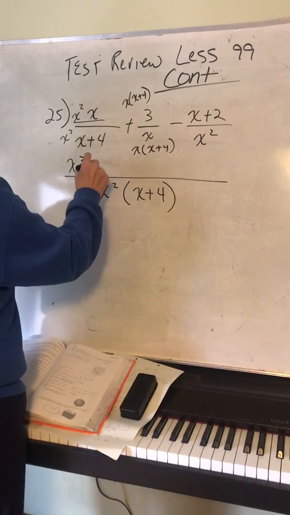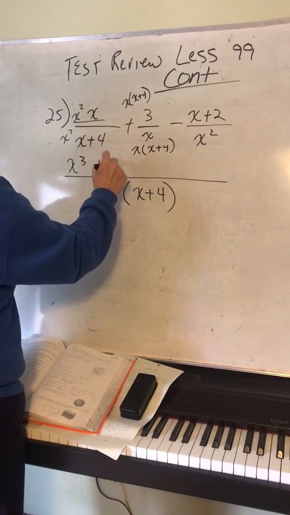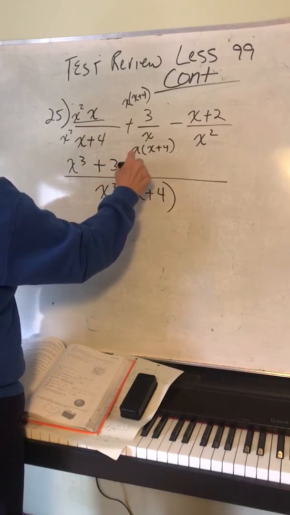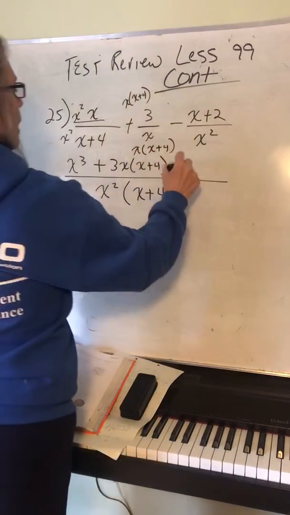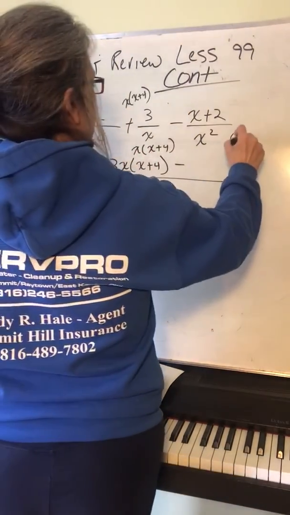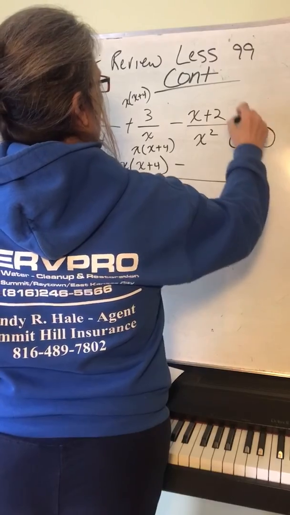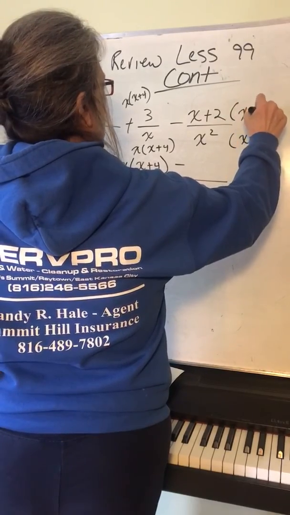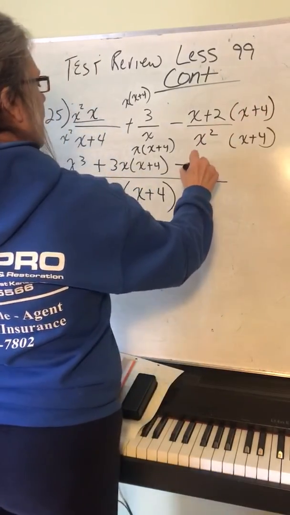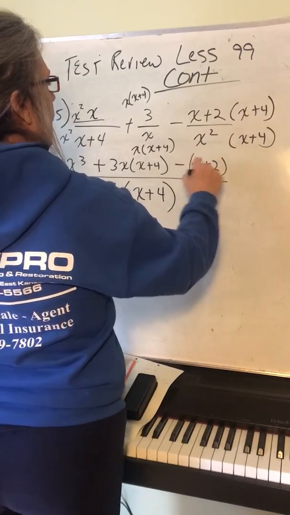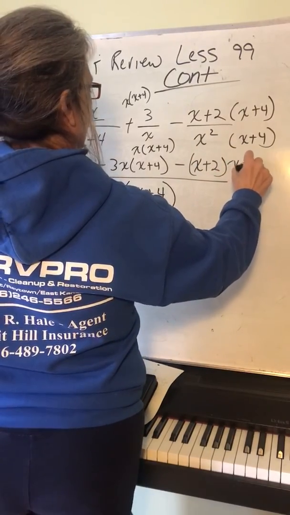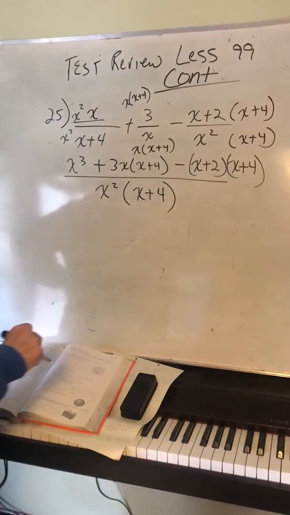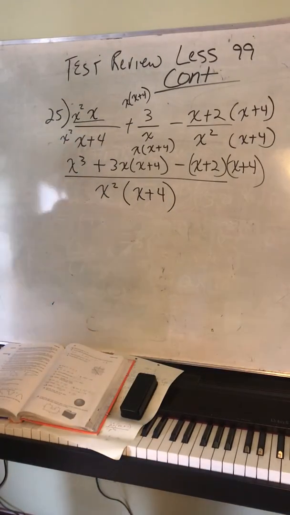So this becomes plus 3x, x plus 4. This one needs the x plus 4, top and bottom, x plus 4. So this is x plus 2 and x plus 4.